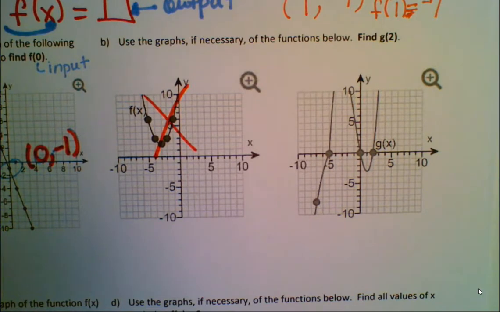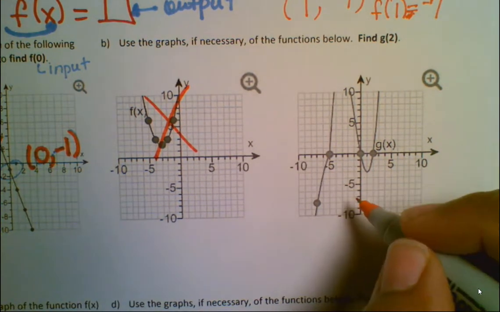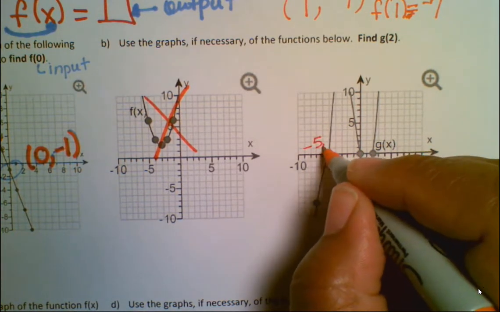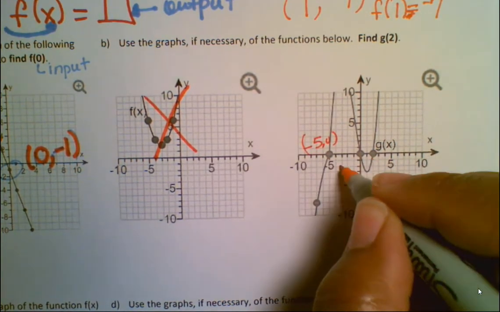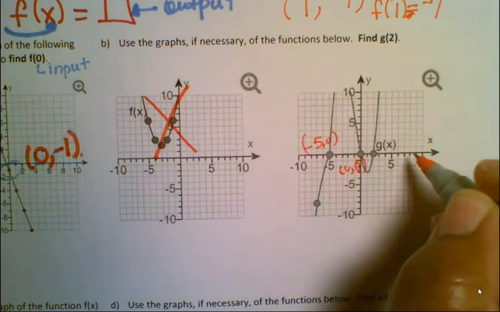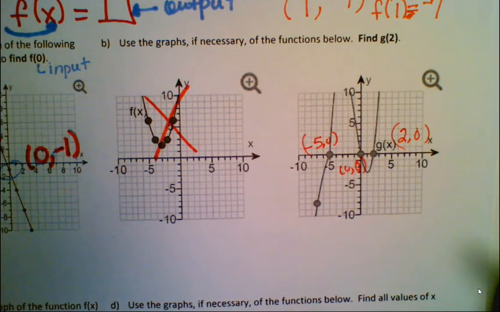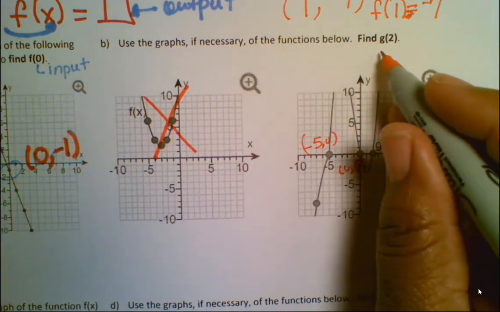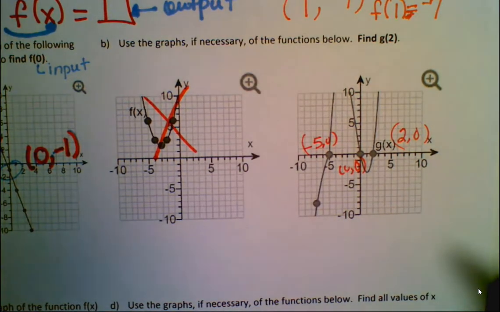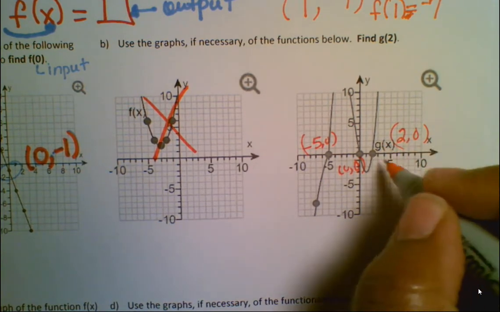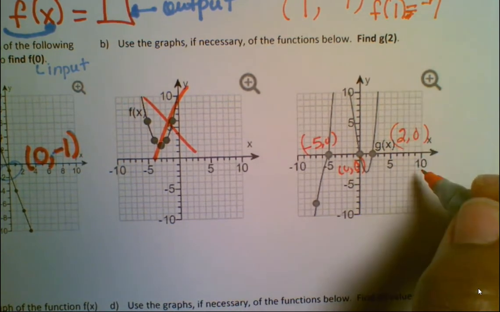So look at your points. Here we have -5, 0. Here we have 0, 0. Then the third point we have 2, 0. What is g of 2? Which point has an x coordinate or an input value of 2?